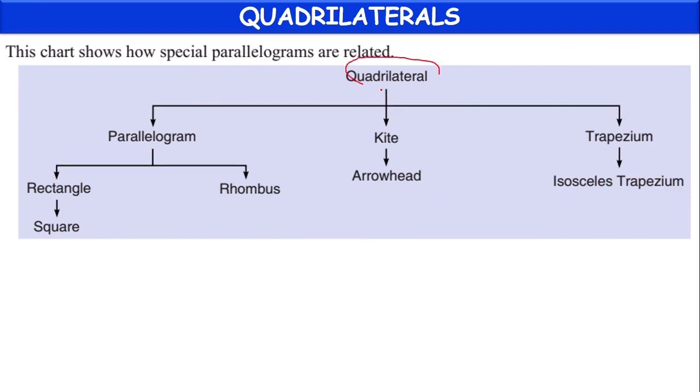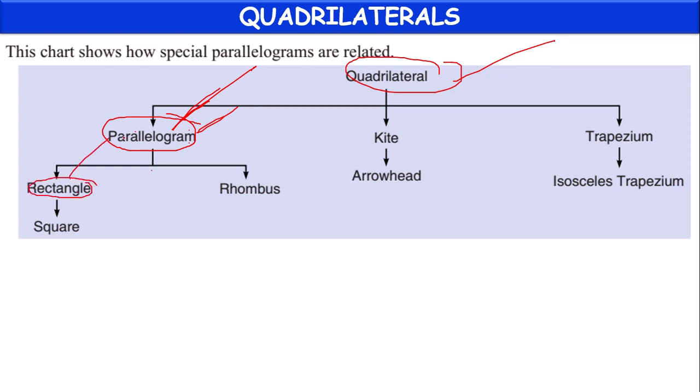So what is a quadrilateral, children? The geometrical figure having 4 sides. What is a parallelogram? If both pairs of opposite sides are parallel, then it is called a parallelogram. What is a rectangle?